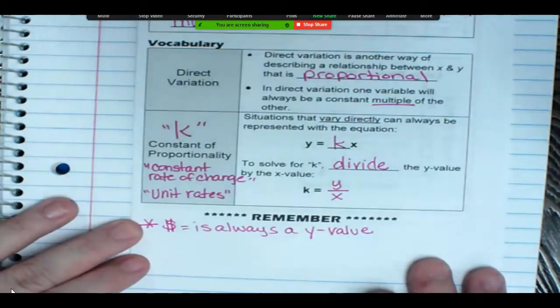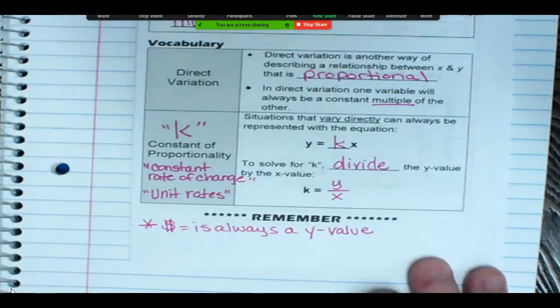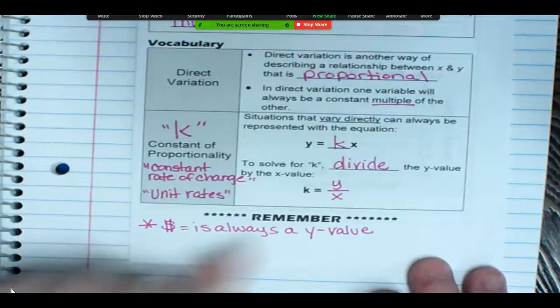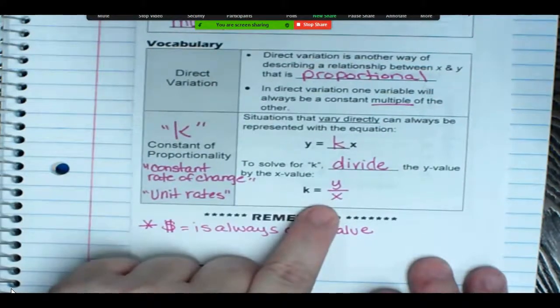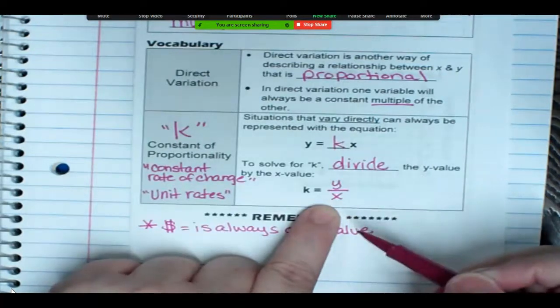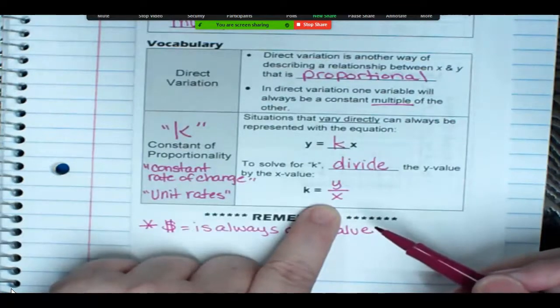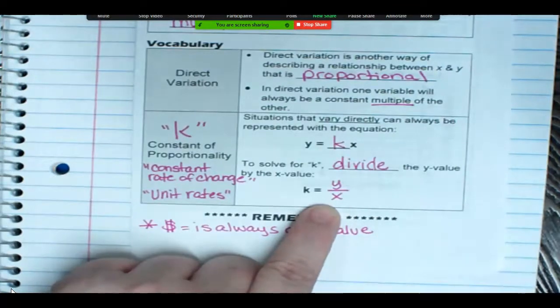I did. I told my students last year, if you're setting it up, yep, money goes on top. Well, here, look, with the constant of proportionality, your Y value goes on top. And money is always a Y value. It's always dependent. How much money something costs always depends on what you buy.